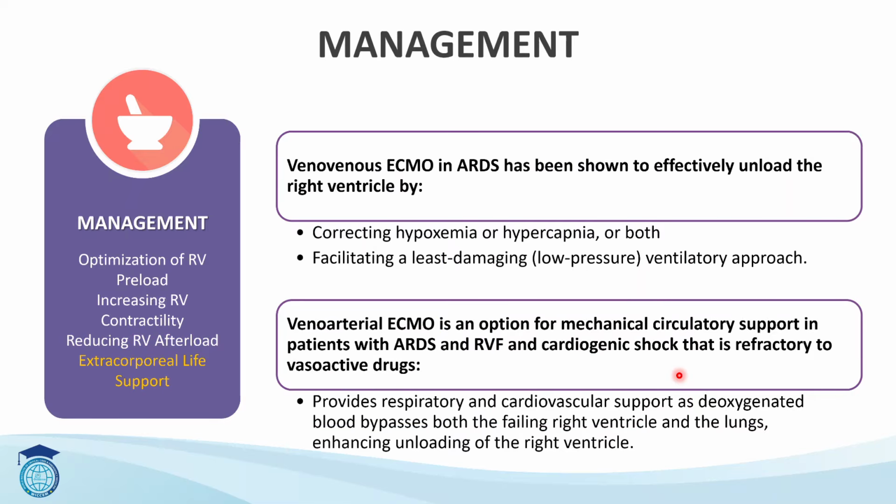Finally, extracorporeal life support. VV ECMO is effective to correct hypoxemia and hypercapnia and facilitate a low pressure ventilatory approach in these patients. VA ECMO is needed in patients who need circulatory support with RV dysfunction and cardiogenic shock that is refractory to vasoactive drugs.